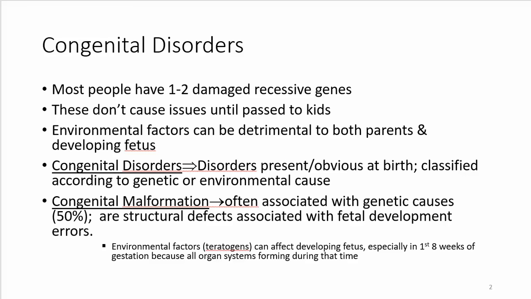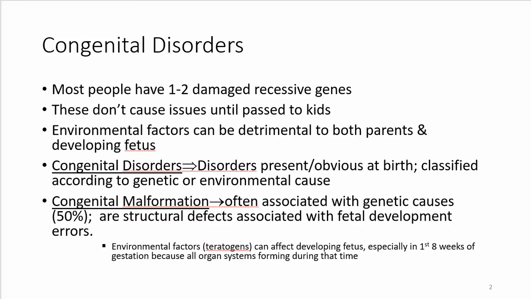Congenital malformations are when parts get built wrong. So some of the heart defects we talked about, these are structural defects, and half of them are genetic, but that means the other half are environmental. So the teratogens are the environmental factors that can affect the developing fetus.